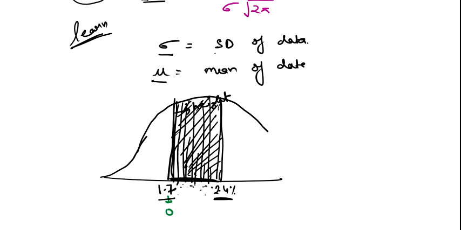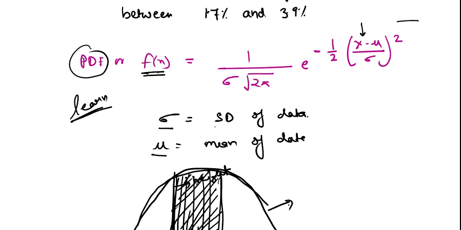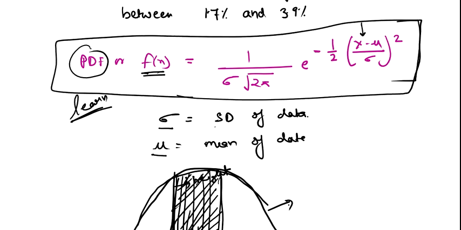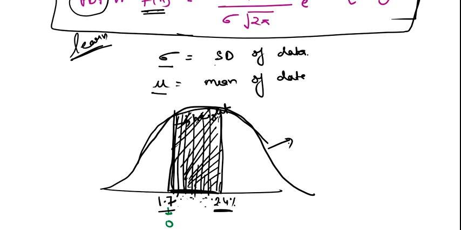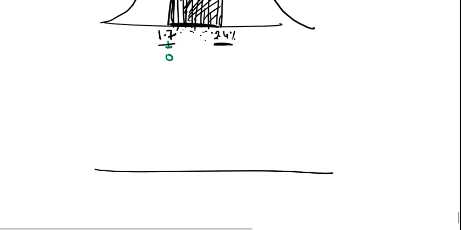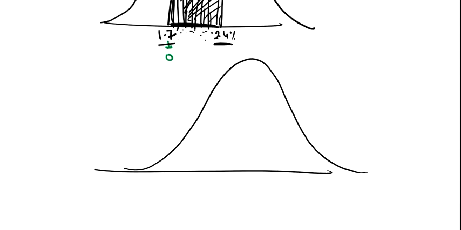So there is a curve, and that curve has an equation. This is the equation of that curve, and with the help of this equation you can identify the area under the curve. If this is a curve, can you identify the area of this line?